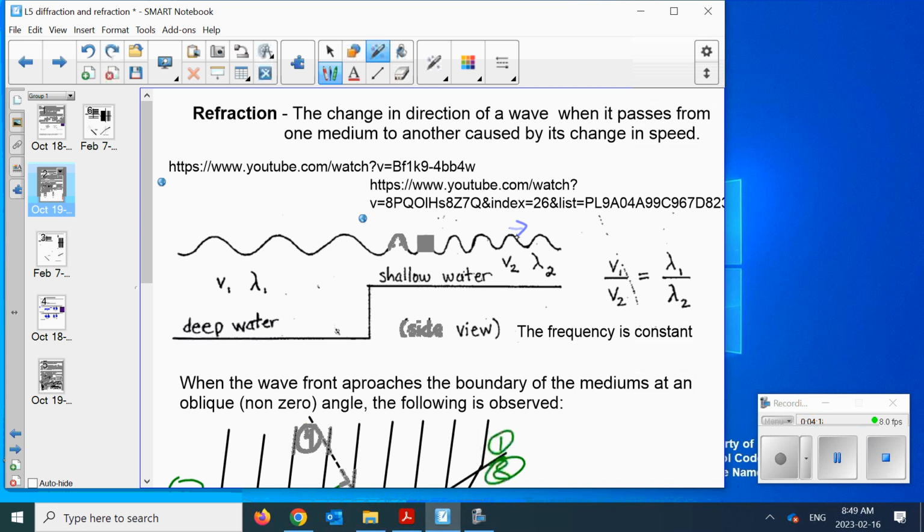Now, this happens too when you're driving, but let's just think about this. You're on a highway, and let's just use easy numbers. You're going 100 kilometers per hour. Everybody's going 100 kilometers per hour, and they're equally spaced. Car 1, car 2, car 3. You're coming in, and then there's a construction zone, and you slow down to, let's just say, 50 kilometers per hour.